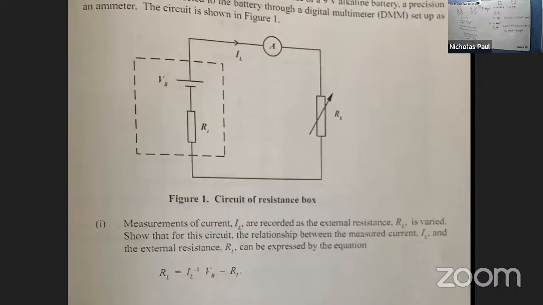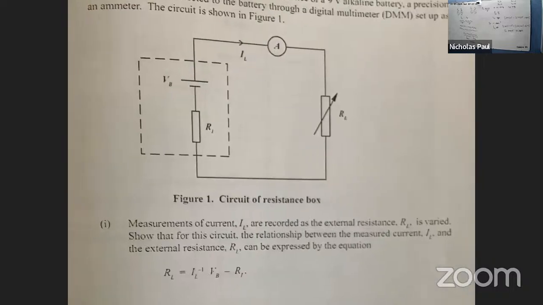No values, just a proof. Think back here, right? RL is equal to IL to the minus 1 times VB minus RL. Go ahead, use that circuit and prove that, please.